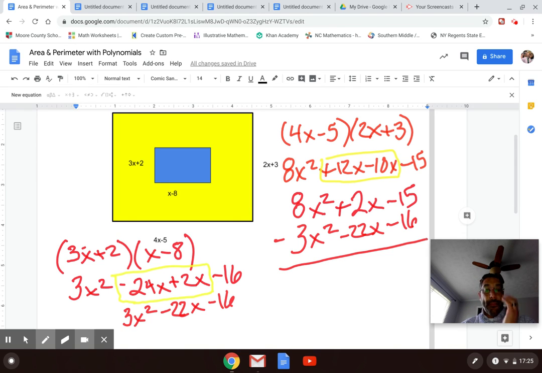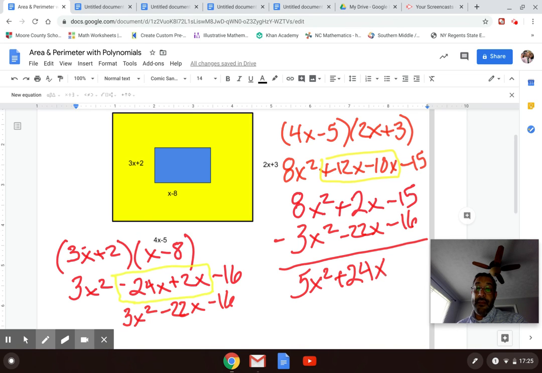So when I do that, I have 8x squared minus 3x squared, which is going to give me 5x squared. So 2x minus a negative 22x becomes a positive. So 2 plus 22 gives me plus 24x.